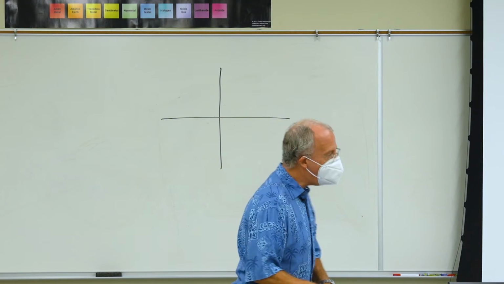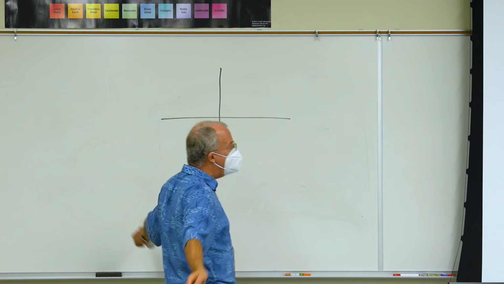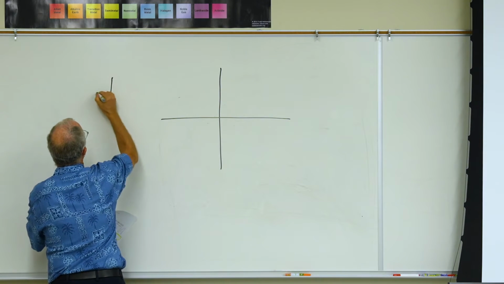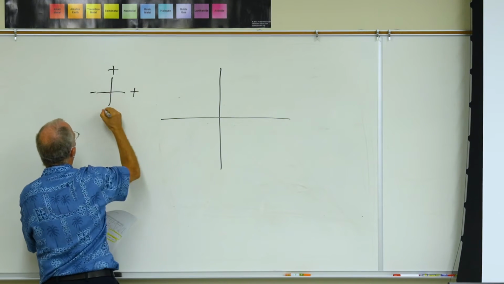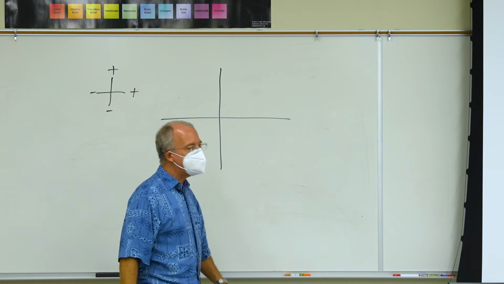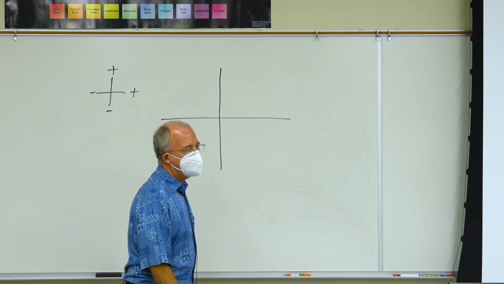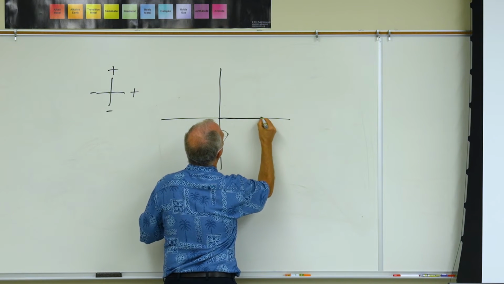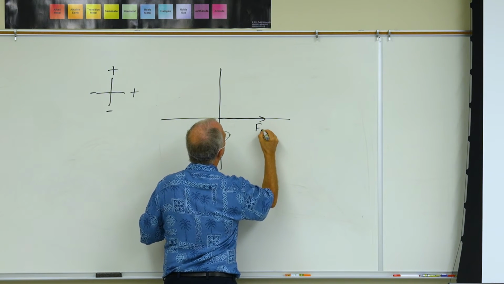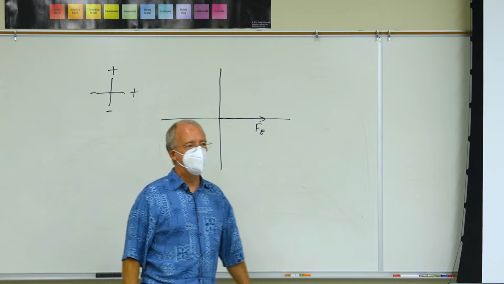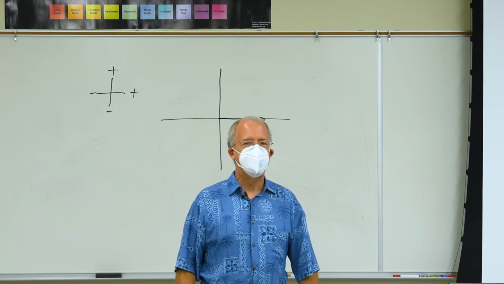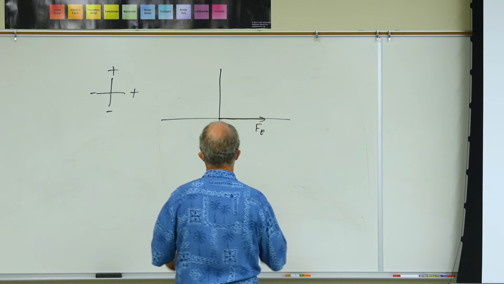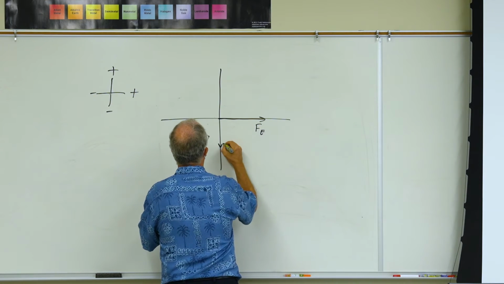Okay, so force diagram. So we set up our coordinate system as always. Okay, what are the forces on the charge? E field. Okay, so we'll say Fe. Okay, what else? We didn't get there. What else? Gravity. So I just said mg.